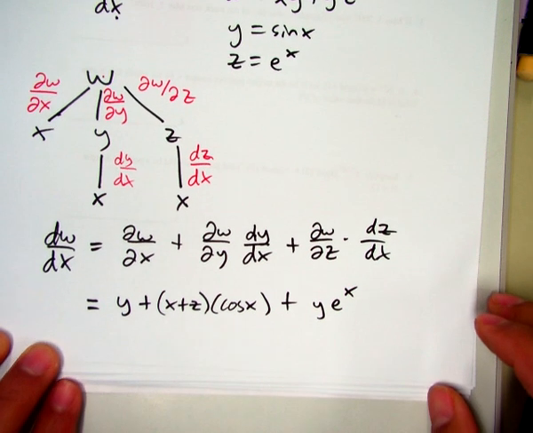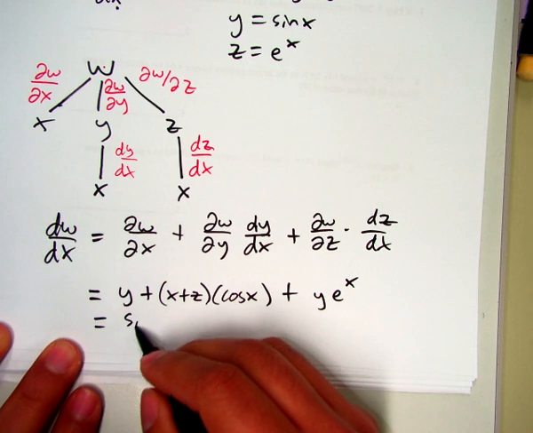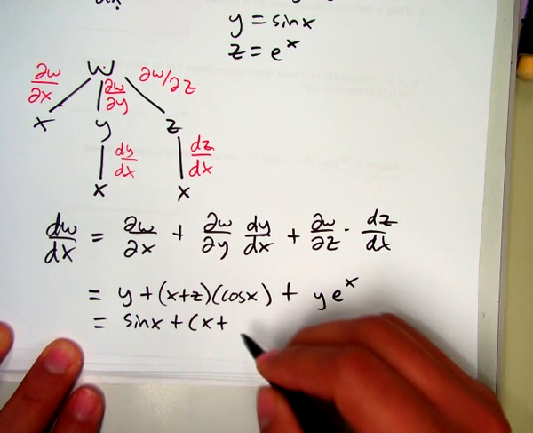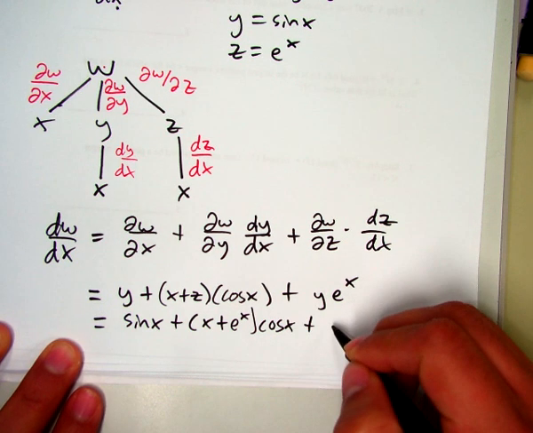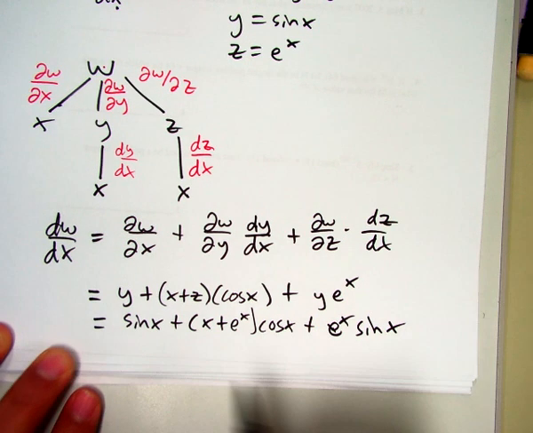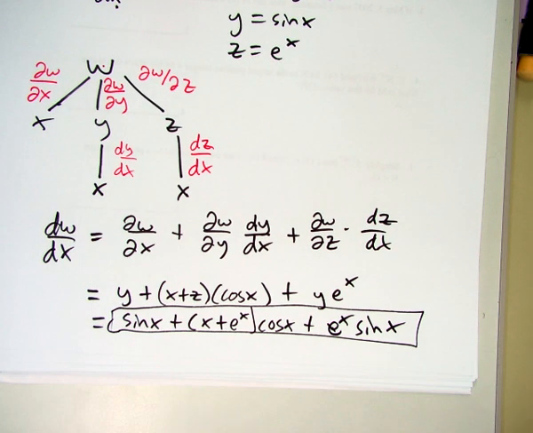We want everything in terms of x's. y is sine x, z is e to the x. So I'll do e to the x sine x here. That's good. So I mean, these are not difficult problems. I think you'll probably find the homework is not so horrible this time.